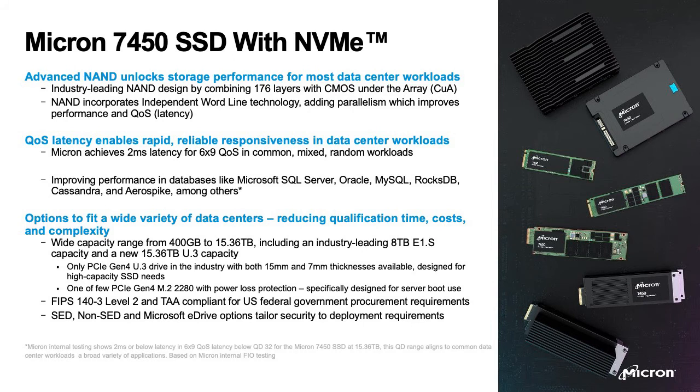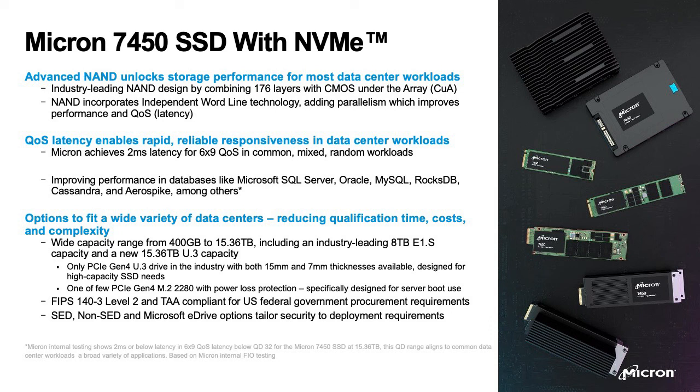On the other side of the spectrum, we talked about DRAM a little bit. We also have different kinds of SSDs and storage devices, right? We have some embedded ones that are M.2 and smaller ones with a wider temperature range. But this is one of the newest ones that we've got. It's called the 7450 SSD, and these are more data center level.